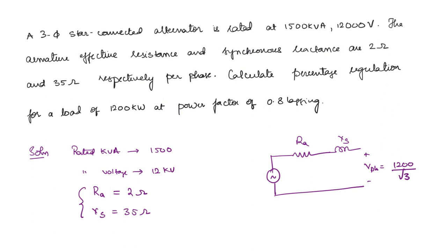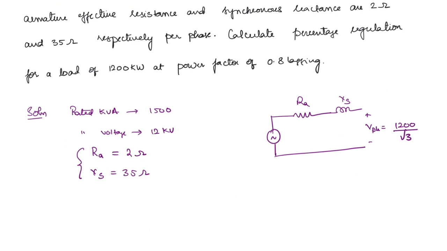Okay. Now we have to find out the percentage regulation at a load in kilowatt given as 1200. What is the power factor? This is given as 0.8 lagging. So we know the power factor, we know the phase voltage, terminal voltage, RA and XS.